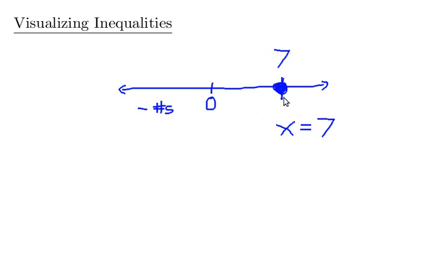But now, let's say we want to represent every number that's less than or equal to x. That means we'd start at 7 and then fill in everything to the left of 7, all the way over to negative infinity.